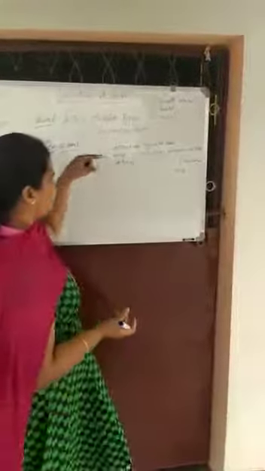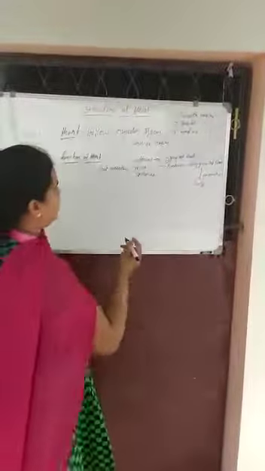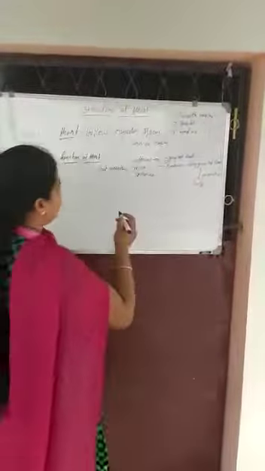Next, the veins. Most of the veins carry deoxygenated blood from the tissues back to the heart, except the pulmonary vein.